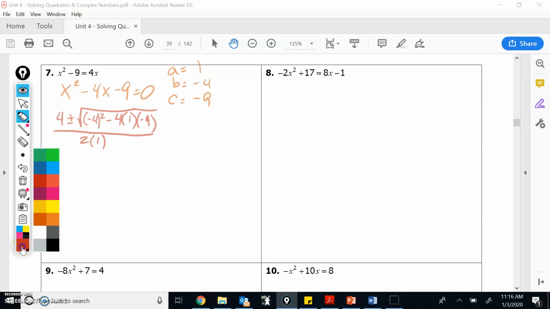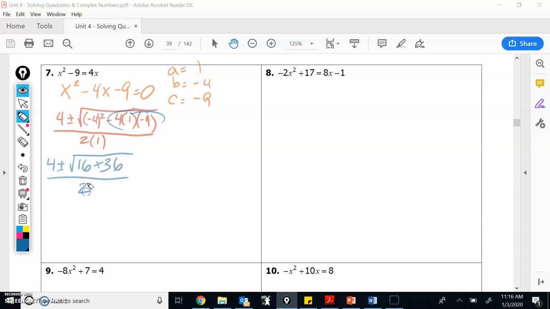I'm going to simplify inside the radical first. So 4 plus minus square root 16. And then this part right here, negative 4 times 1 is negative 4, times negative 9 makes a positive 36, all over 2.